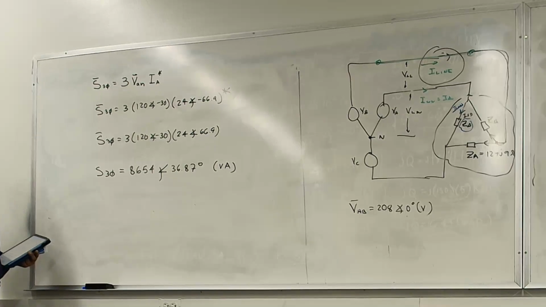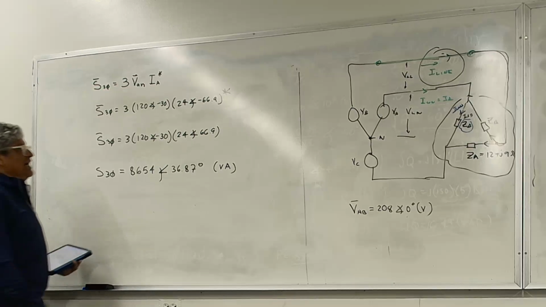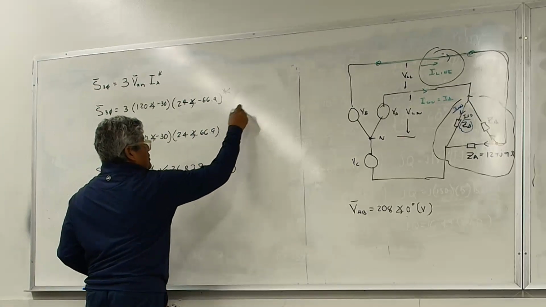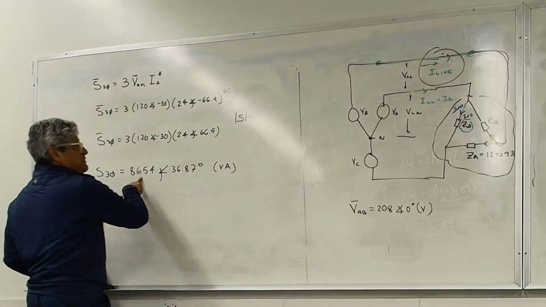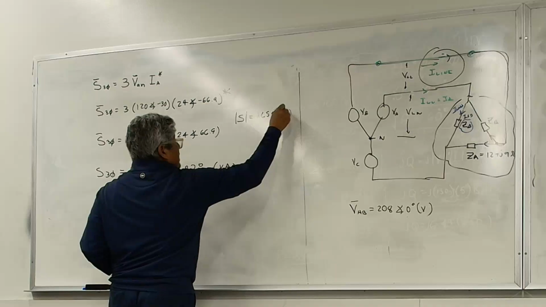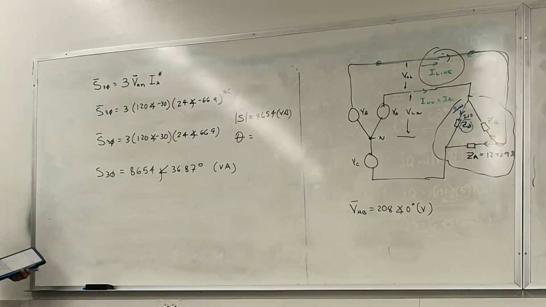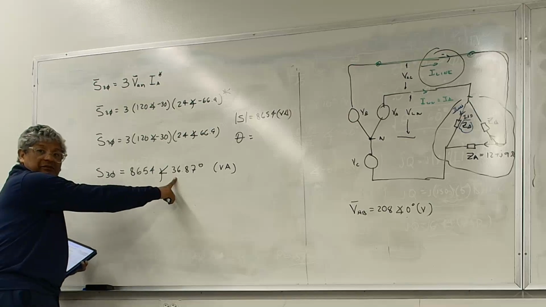So there's a couple of things that I can get just from here, right? And you can put them on the side if you want. I know S magnitude, the apparent power. That's 8654 volt amperes. I know theta. Don't we know the angle between the voltage and the current? 36.87. Everybody okay? Yeah.